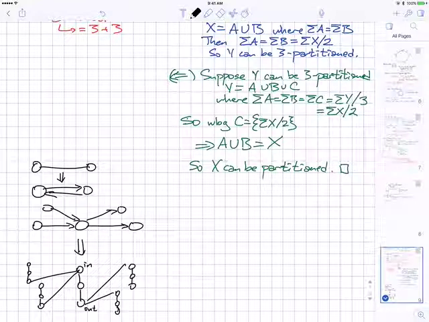Each vertex is going to turn into this little path. Each directed edge is going to go from the out vertex of the tail to the in vertex of the head.